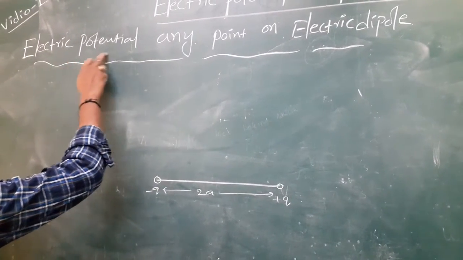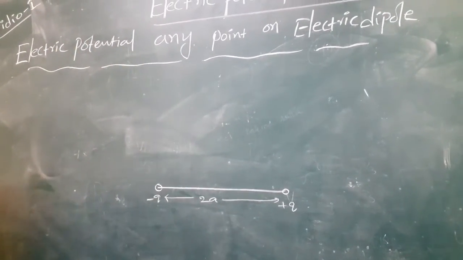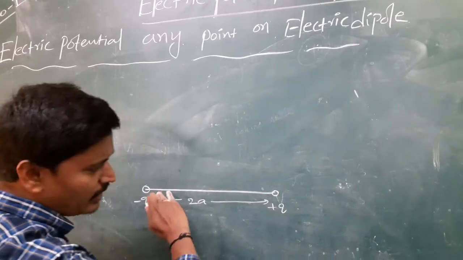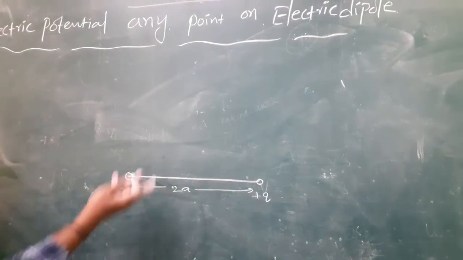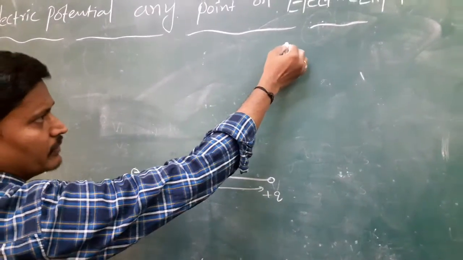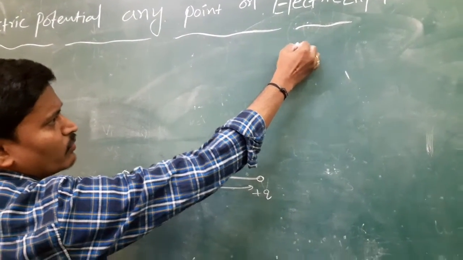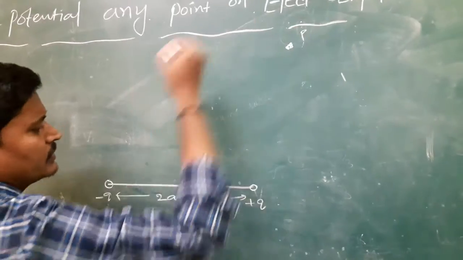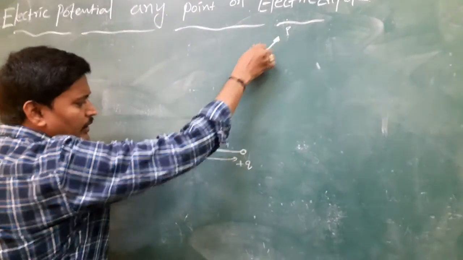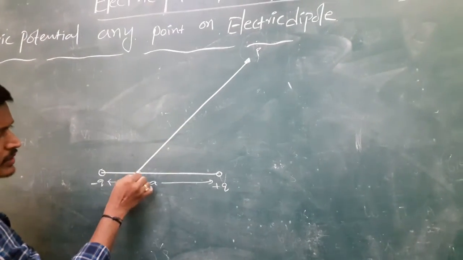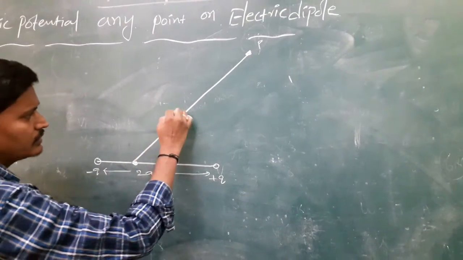So now we are going to find out the potential at any point on the dipole, that means on the axial line of the dipole and the equatorial line of the dipole. We can consider one point P. This point is located at distance r from the center O of this dipole.